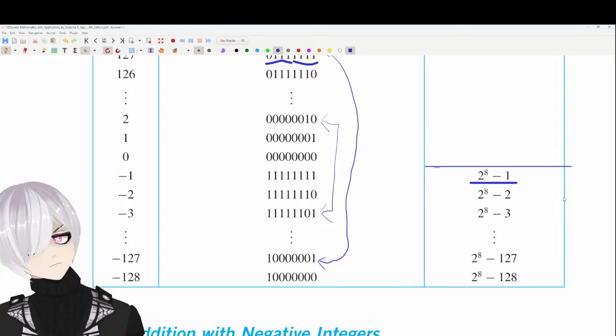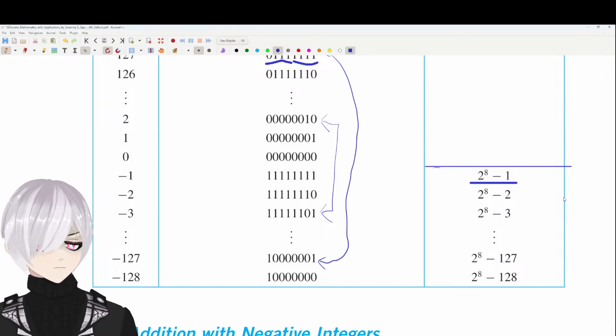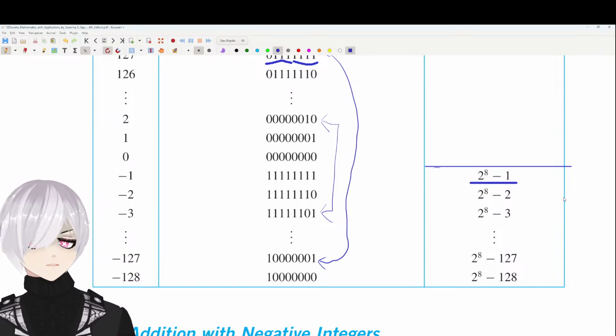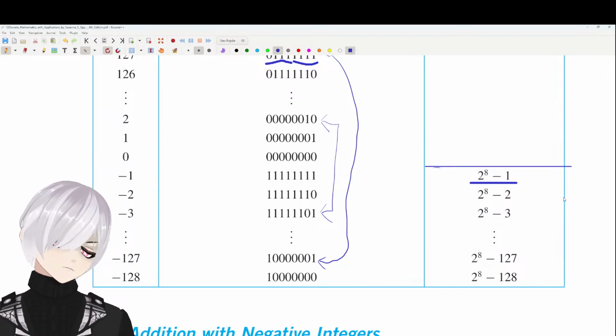And those two's complements happen to be the spots that aren't already taken by the non-negative integers. So the 2's complement of the absolute value of the negative integer is the absolute value of the negative integer, not the 2's complement of the negative integer? Well, the absolute value of the negative integer is the corresponding positive integer.